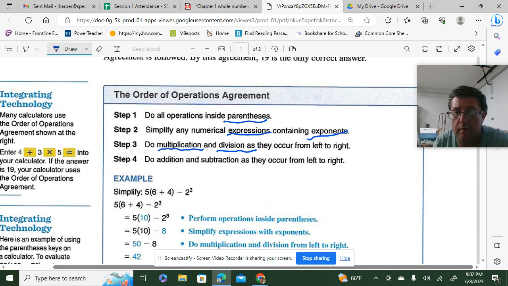And then we go down to addition, which would be Aunt, and subtraction, which would be Sally. So please excuse my dear Aunt Sally. That is how you remember the order of operations. So it's parentheses, exponents, multiply, divide, add, subtract.